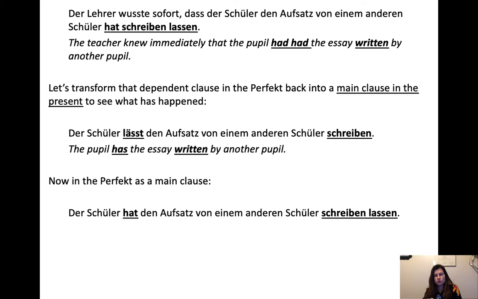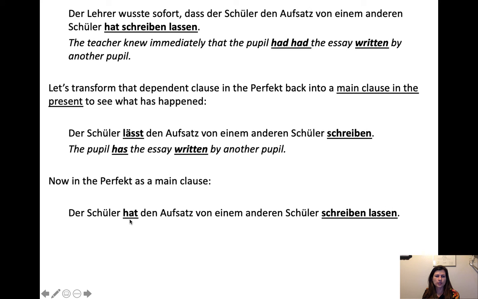To make the perfect where we already have these two verbs, lassen and schreiben that we're dealing with, right? When we want to make the perfect happen, but we have two verbs already, you end up dealing with hat, your helping verb, and then instead of making a past participle like you normally would, like geschrieben, you end up just having the double infinitive at the end.